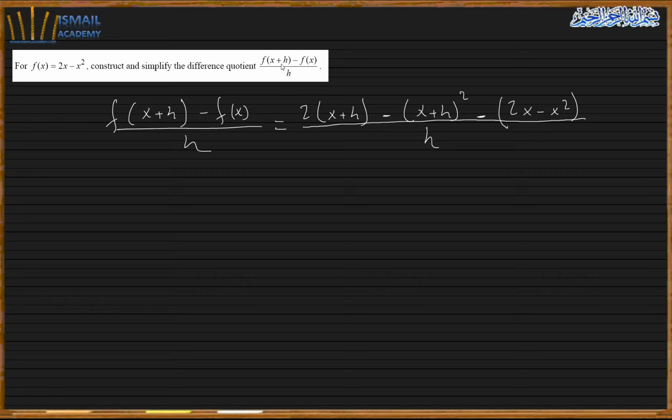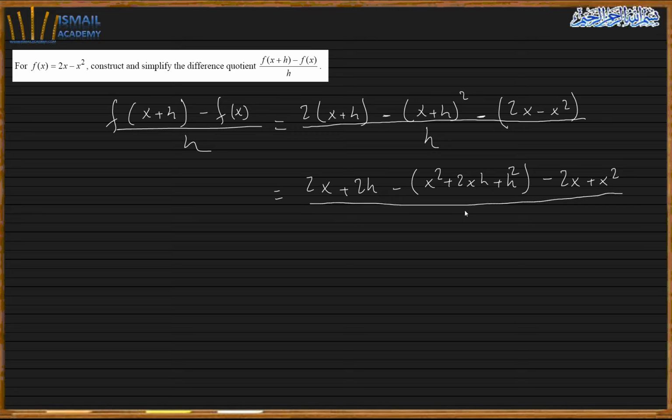When we have minus f, it doesn't mean f is my expression, so if I want to substitute a variable by an expression, I create my parentheses. Here I will distribute, so it's going to be 2x plus 2h minus, and here I factor this, so it's going to be x squared plus 2xh plus h squared, minus 2x plus x squared, over h.